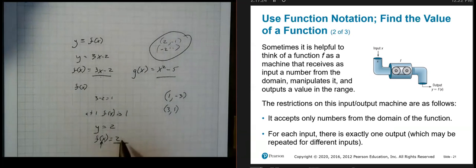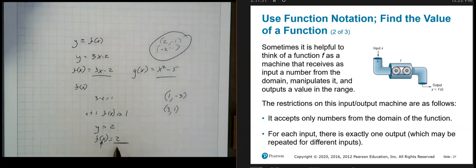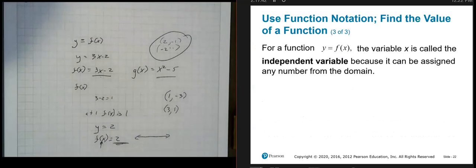This is called a constant function because it stays the same number. It's constant. So whenever you have a constant function, doesn't matter what the x value is, you're going to get the same y value. So this is a horizontal line where all the y values are 2, but all the x values are different.